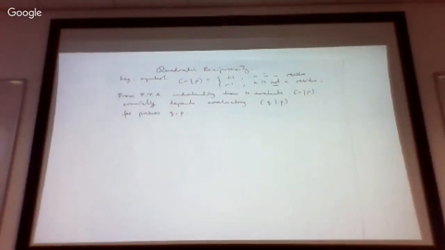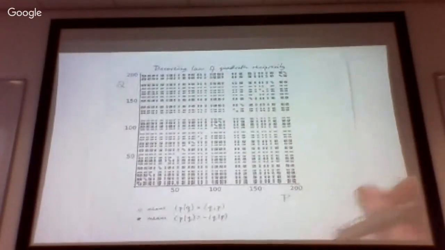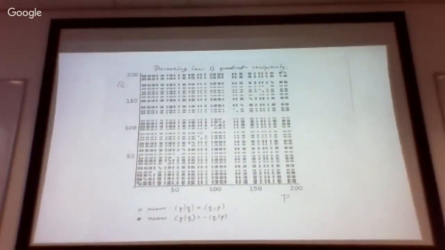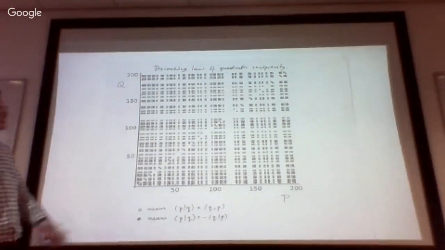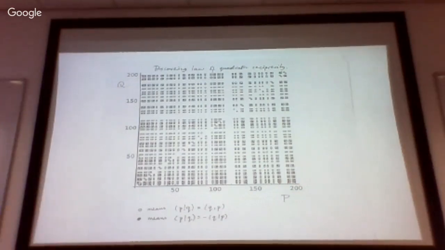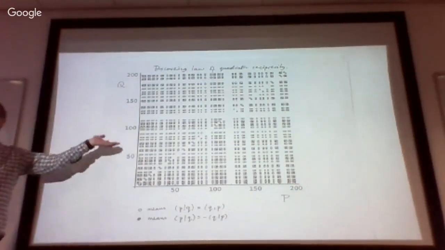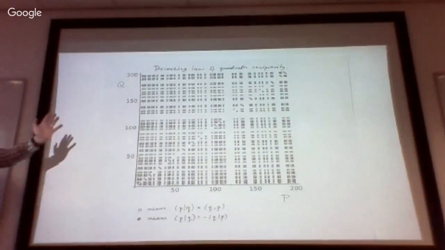So if you were in the lecture yesterday, you would have seen this diagram, which we generated using some Sage Python code. First of all, we looked at a plot showing us the +1s and -1s.